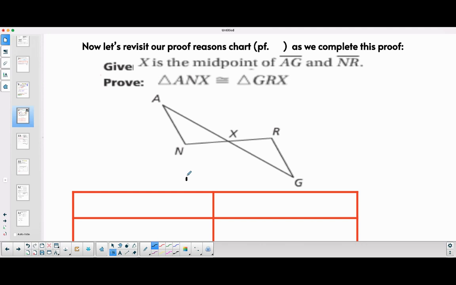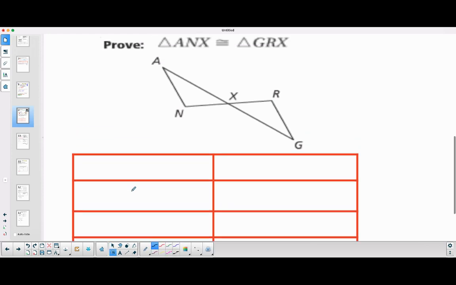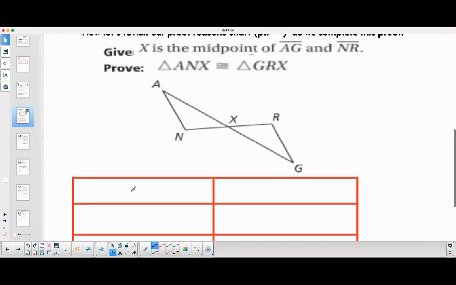Okay, so with any proof, we're going to take what's in the given and we're going to copy that down right away. So let's see. All right, so we're going to take X is the midpoint of AG and NR.